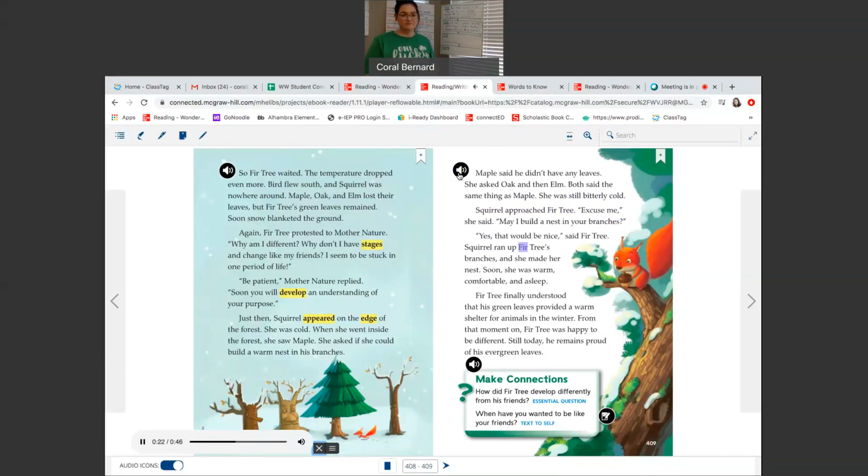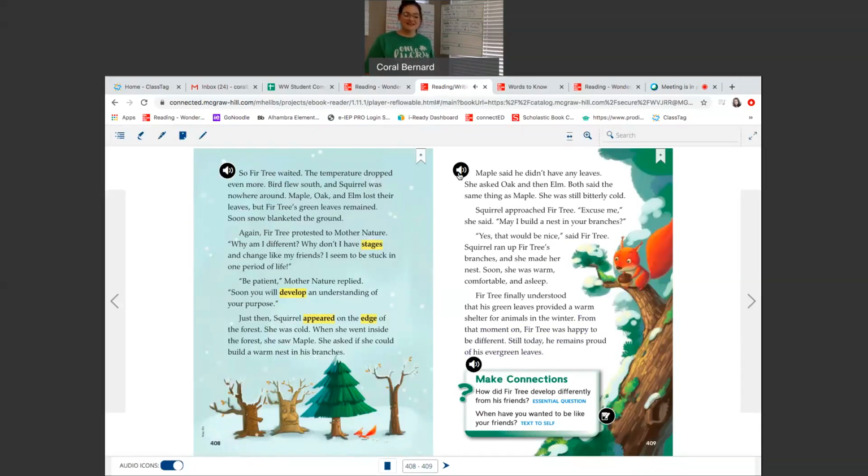Squirrel ran up Fir Tree's branches, and she made her nest. Soon, she was warm, comfortable, and asleep. Fir Tree finally understood that his green leaves provided a warm shelter for animals in the winter. From that moment on, Fir Tree was happy to be different. Still today, he remains proud of his evergreen leaves.